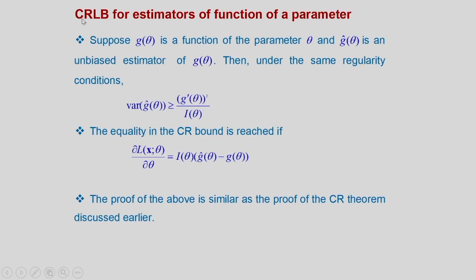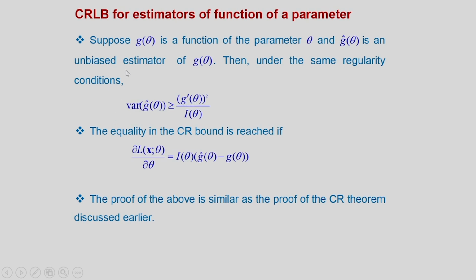We will discuss CRLB for the estimators of a function of a parameter. Suppose g(theta) is a function of the parameter theta and g hat(theta) is an unbiased estimator of g(theta). Then under the same regularity conditions, the variance of g hat(theta) is greater than or equal to g dash(theta) whole square divided by I(theta), where g dash(theta) is the first order derivative with respect to theta.